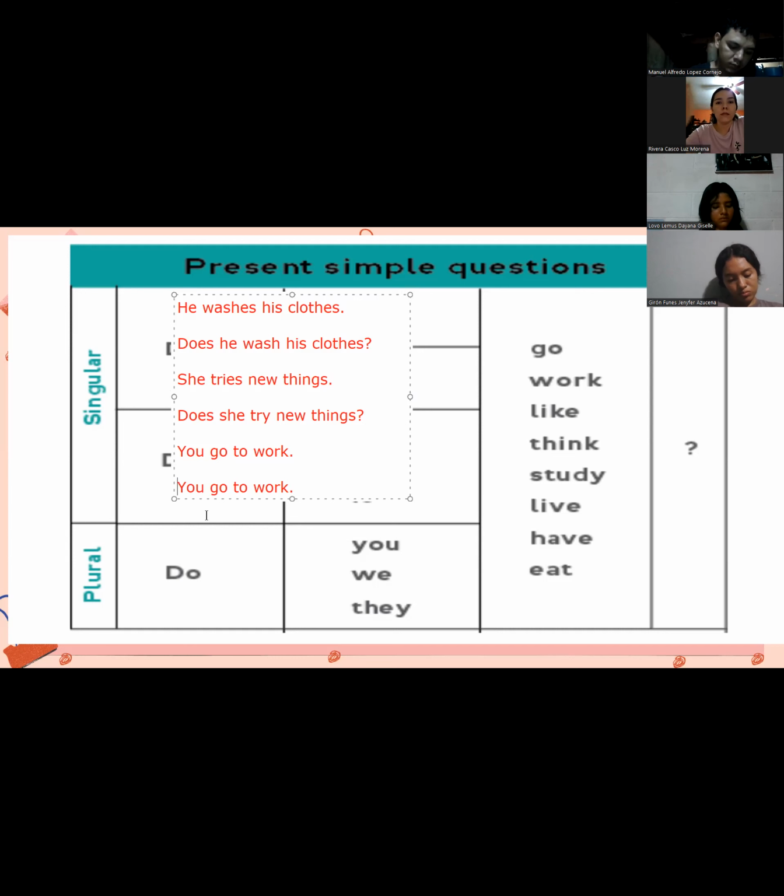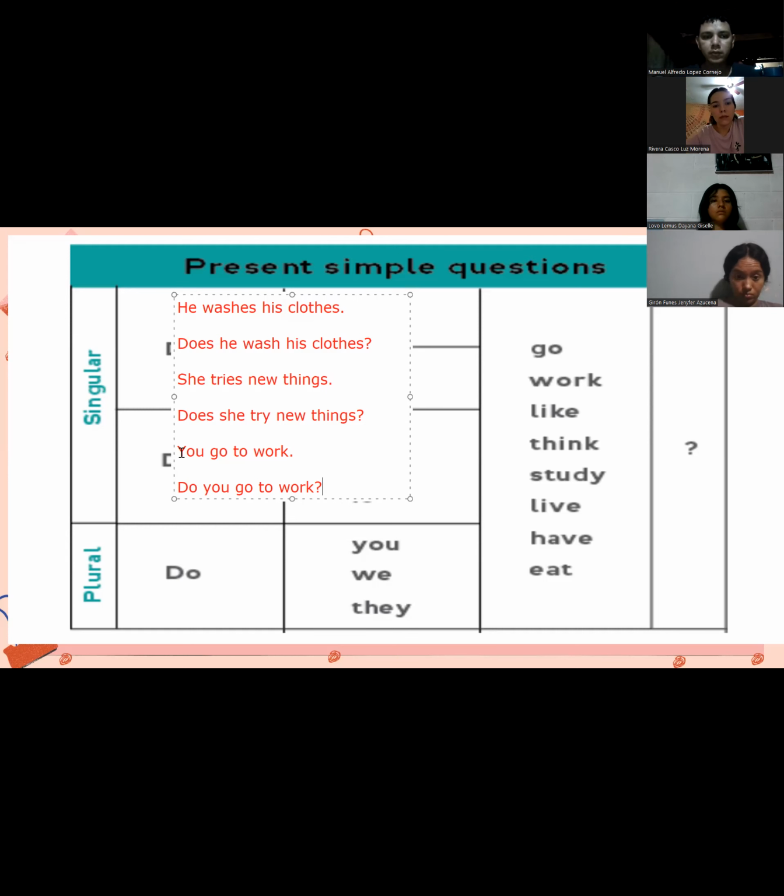So here I have to put the auxiliary. For you, the auxiliary is "do." So I say, "Do you go to work?" And here I don't change the verb because it wasn't third person, okay? So I say, "Do you go to work?"